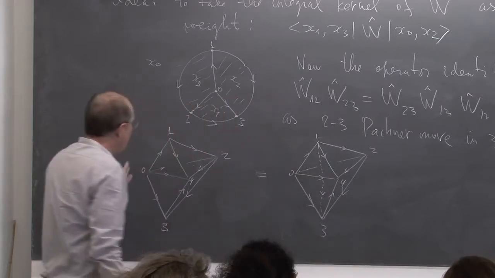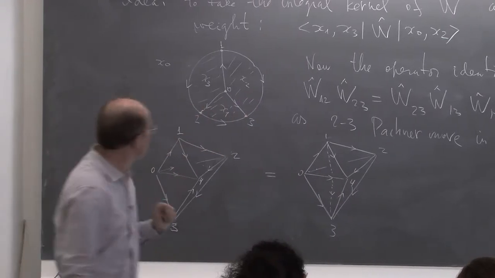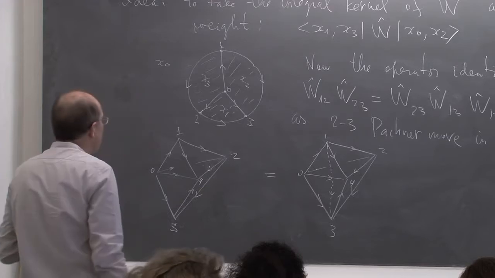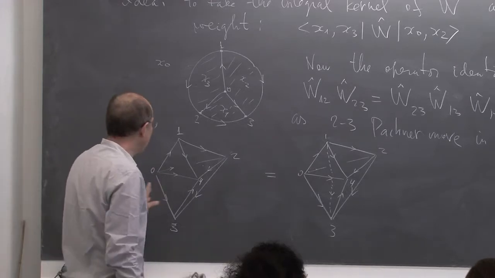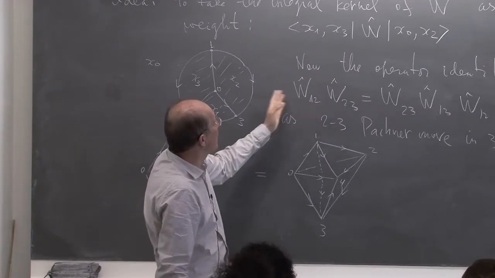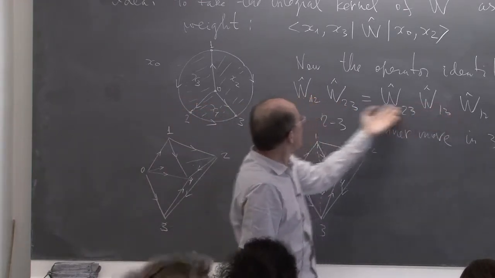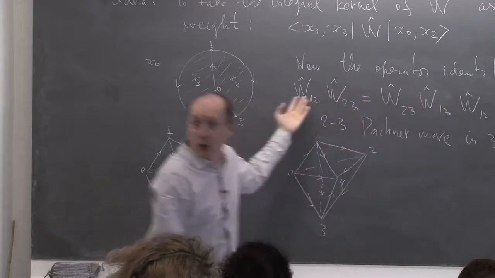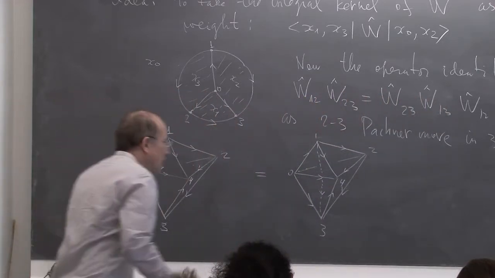But now we put in the extra orientations, and so the claim is that this corresponds to the integral identity obtained by calculating the integral kernel of this operator identity. So let us do that.